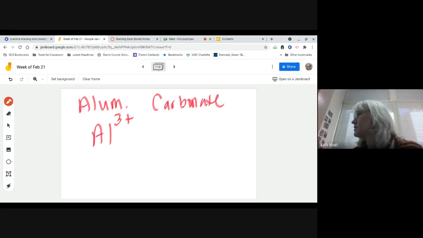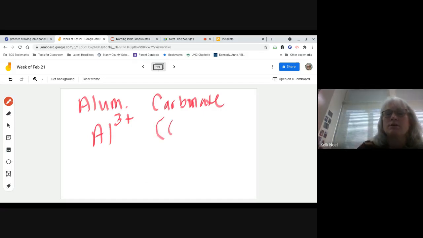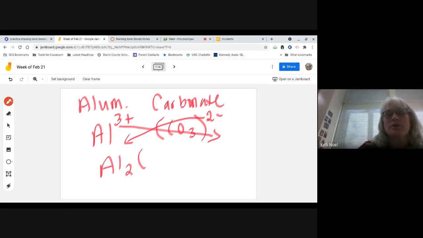It may take me a minute to find it. There it is. CO3, and it has a 2 minus. All right, 3 and 2 are different. This 2 is going to go here. This 3 is going to go outside that parentheses. So I'm going to have Al2(CO3)3.